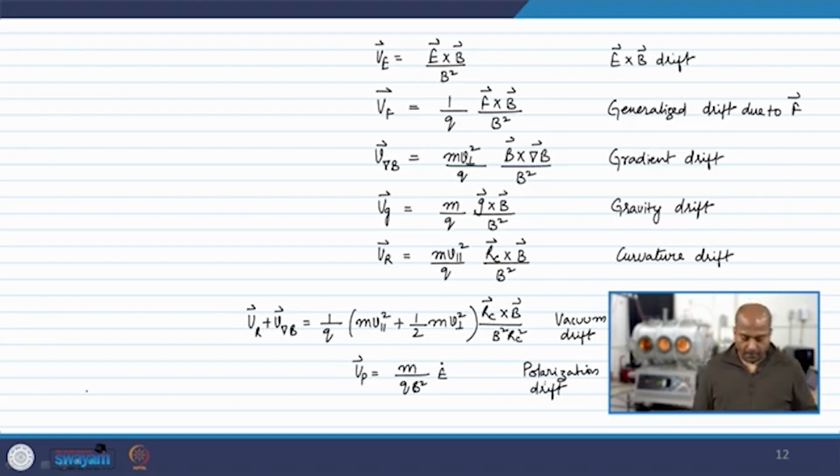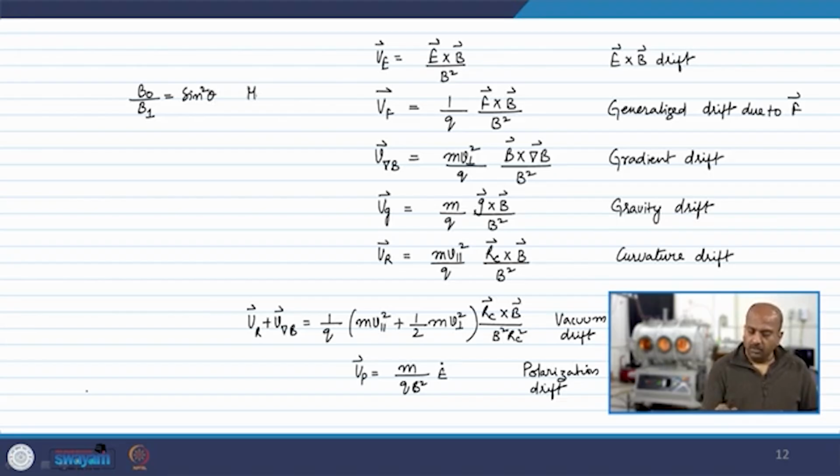drift, right. And in addition to all these drifts, we have also seen something called as magnetic mirroring, which is represented by this mirror condition, which is B naught by B1. B naught is the weak field and B1 is the strongest point in the gradient, equal to sin square theta.